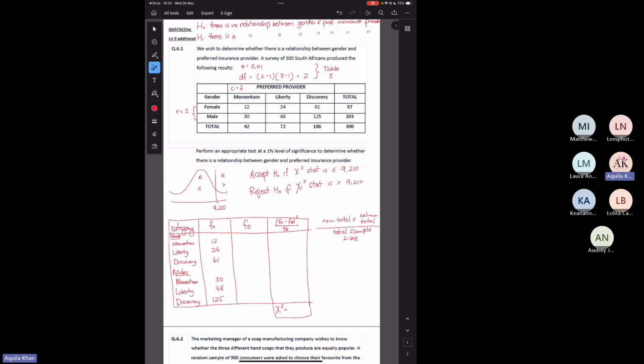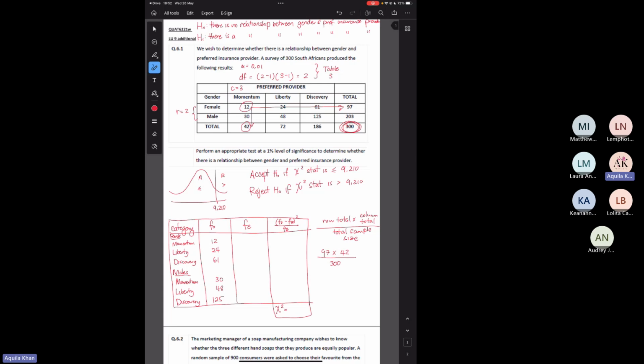Okay, so using this formula, we're going to start with, in the table, remember we started with female and momentum, the same value. You go to its row total, which is in line with it, the total of 97. So it's 97 times its column total coming down, 42, divided by your total sample size, which is always the last value in the bottom corner of the table, which is 300.